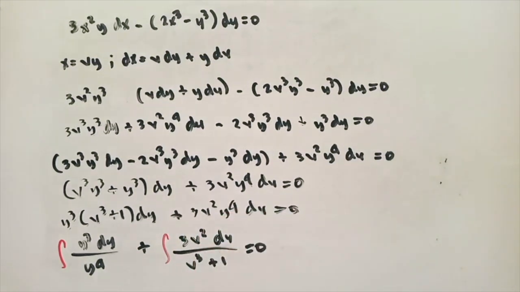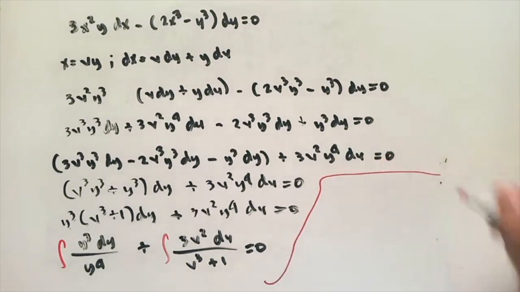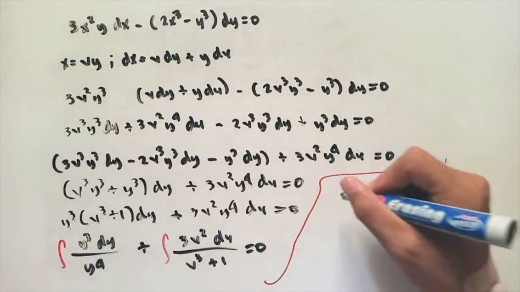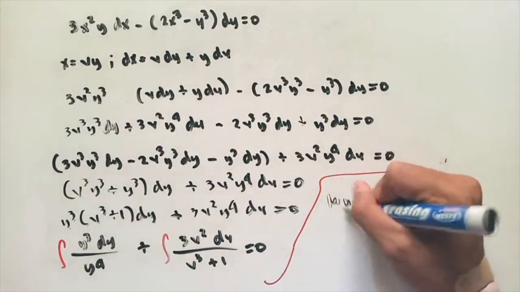And this is very easy to integrate, because y cubed will be cancelled, so this will become dy over y, hence that will become ln of y.